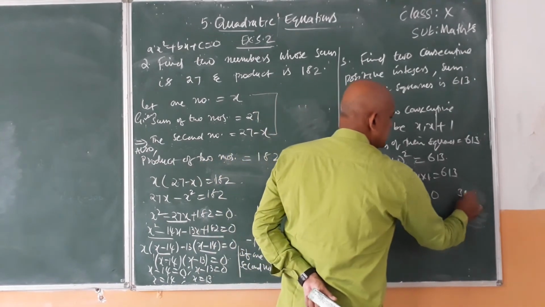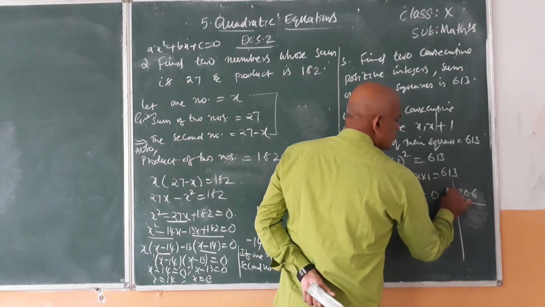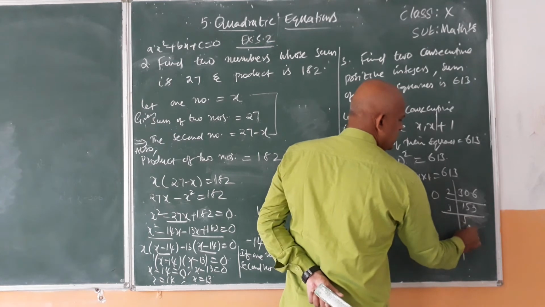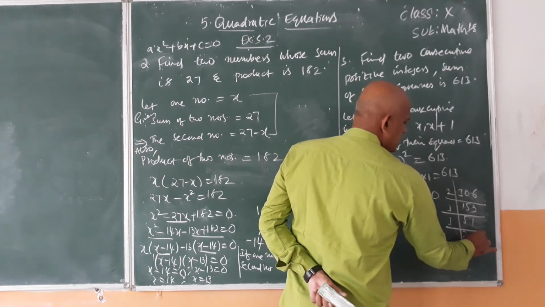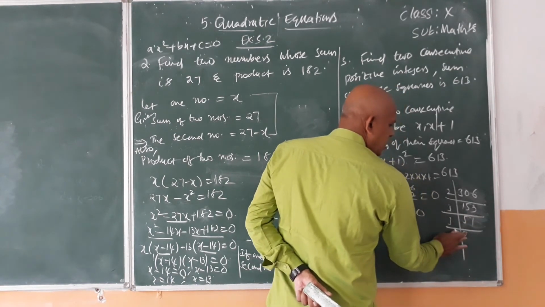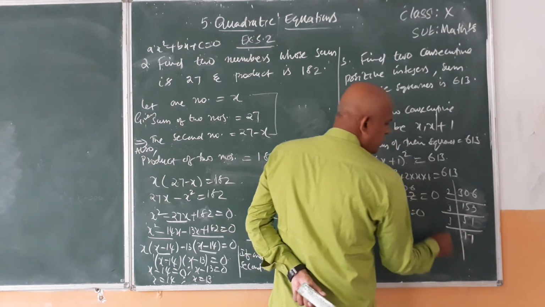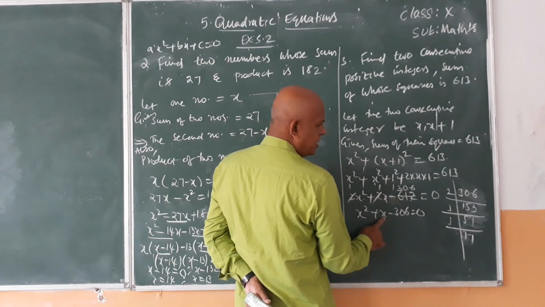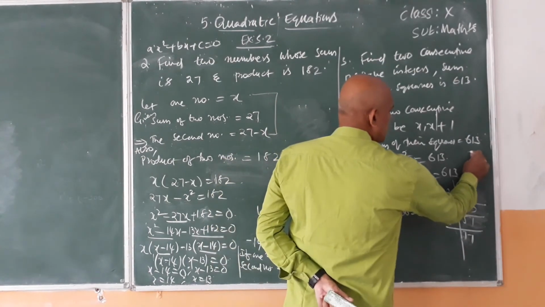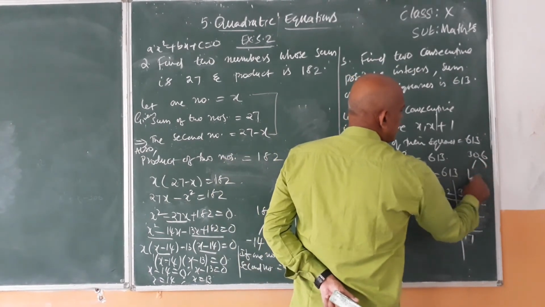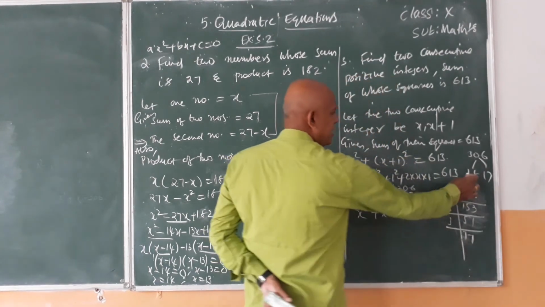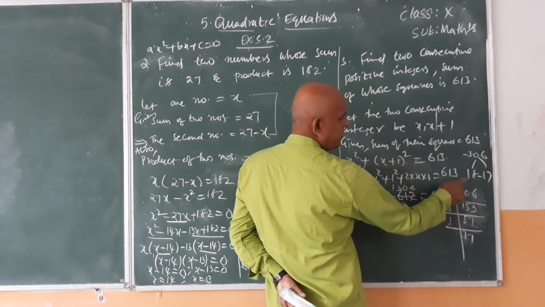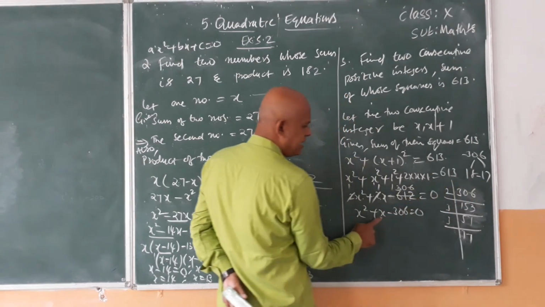Now factors of 306: 18 into 17 is 306, and 18 minus 17 is 1.